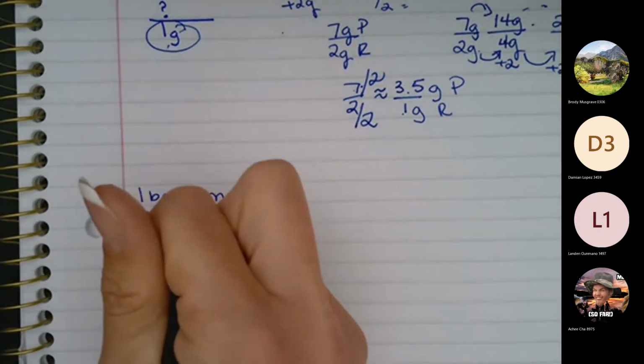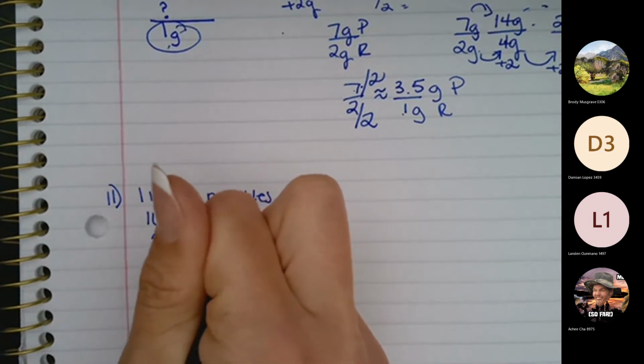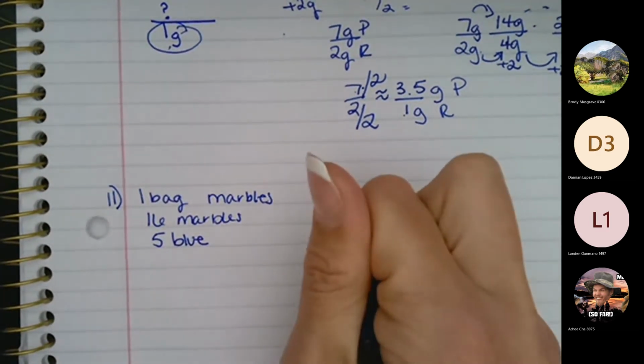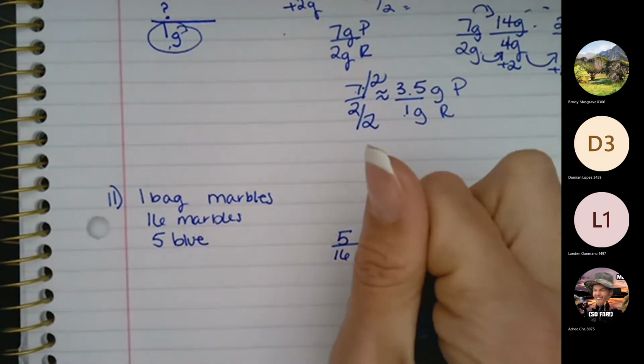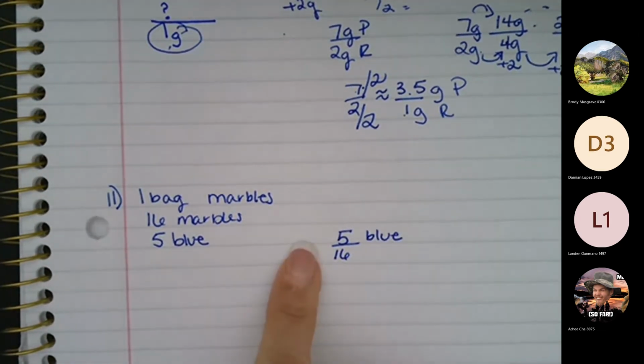I have 5 blue. That means I have 5 out of 16 marbles that are blue. So I'm going to write that as 5 over 16.